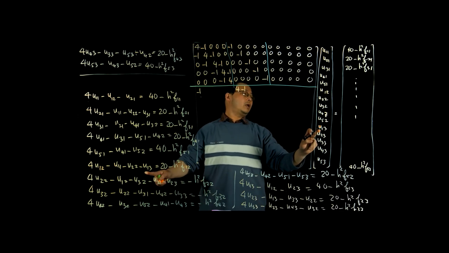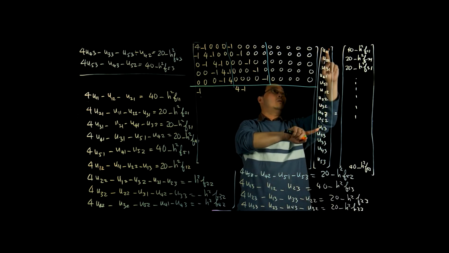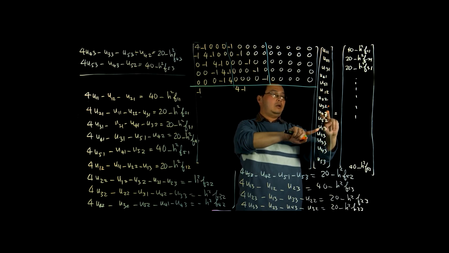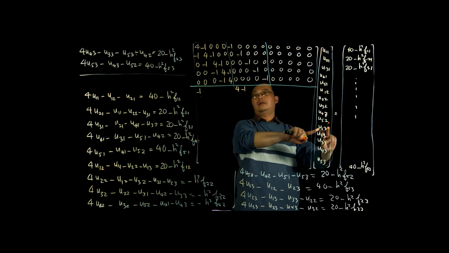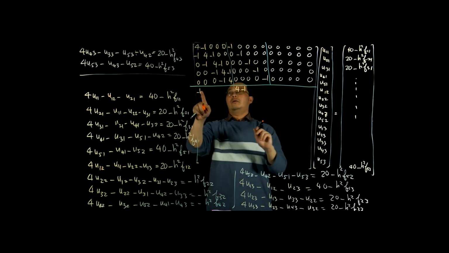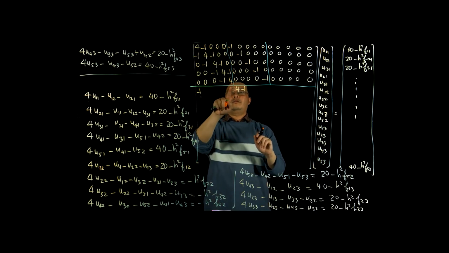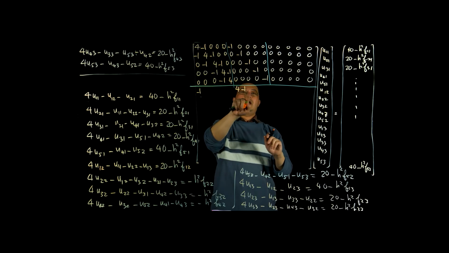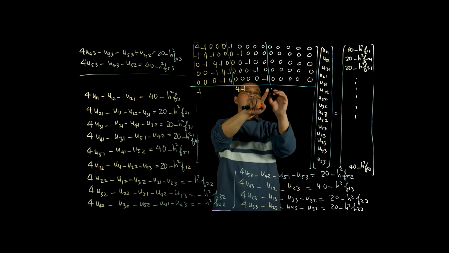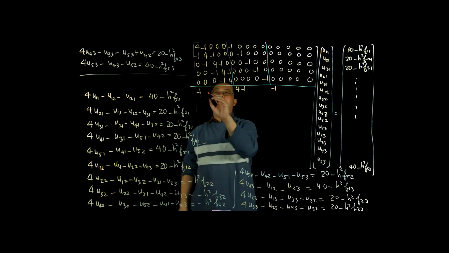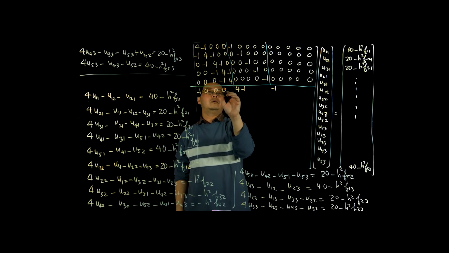So minus 1, 3 is right here, yeah. So 1, 2, 3, 4, 5, 6, 7, 8, 9, 10, 11. Okay, so then the rest is just equal 0.